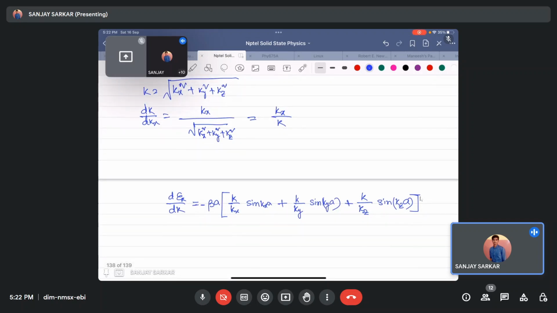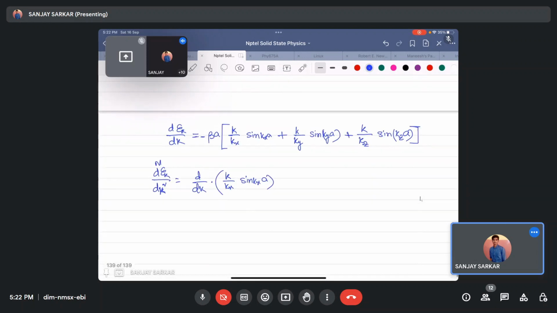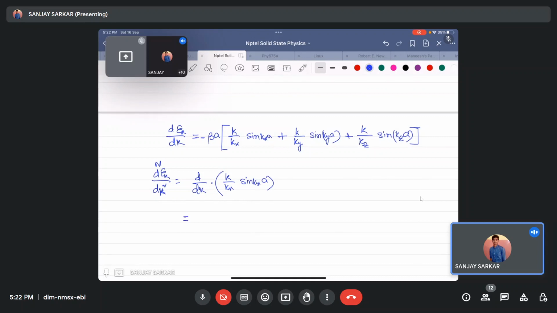Similarly we can calculate d2 epsilon k by dk2. It will get difficult. It will be d dk of k by kx into sine kxa. Let's calculate the first component, as there are three components.